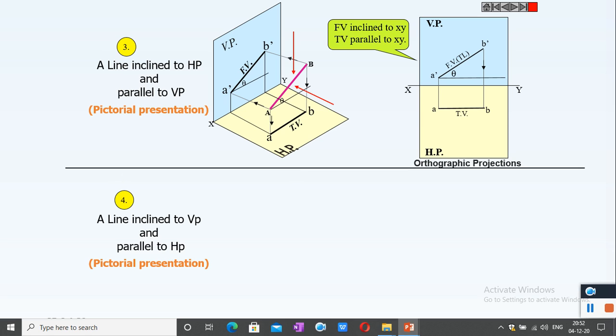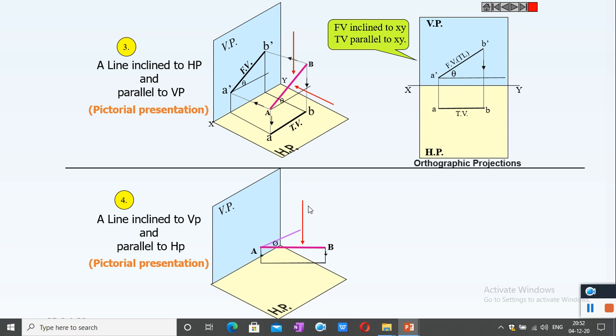Third case, a line inclined to VP and parallel to HP. This line AB is inclined at an angle, say 45 degrees, with VP, but parallel to HP.